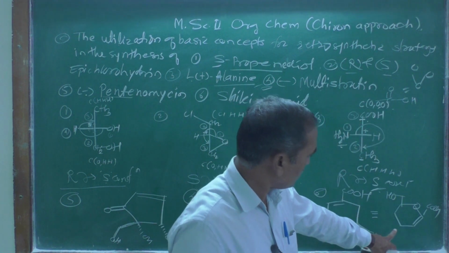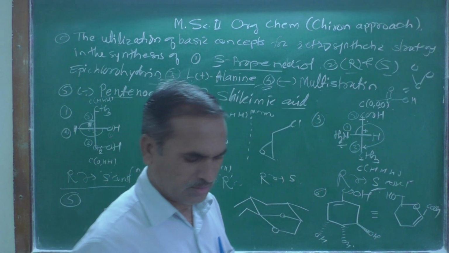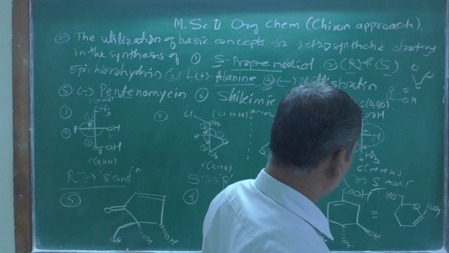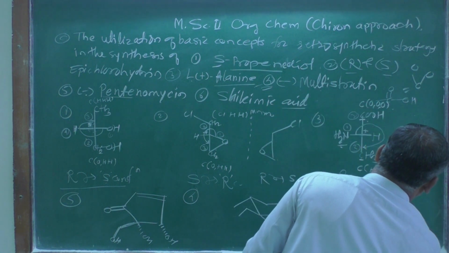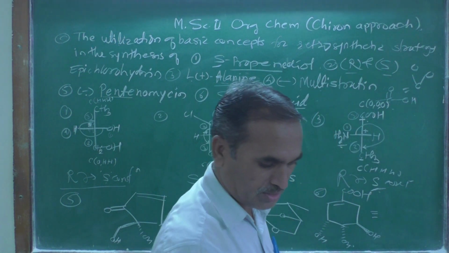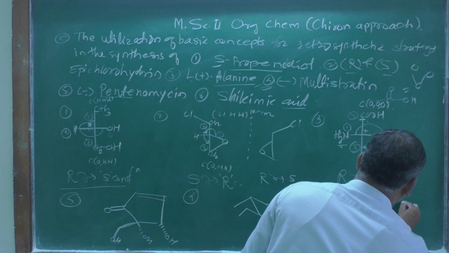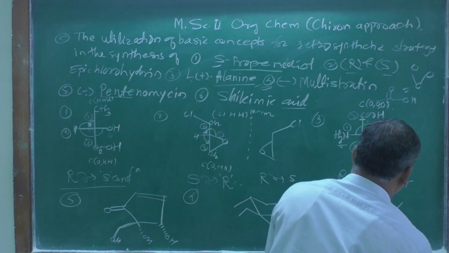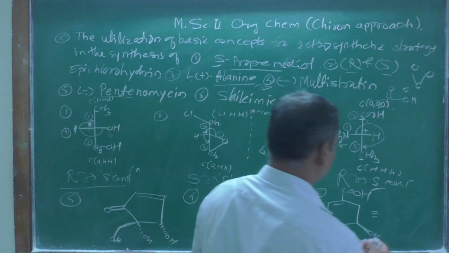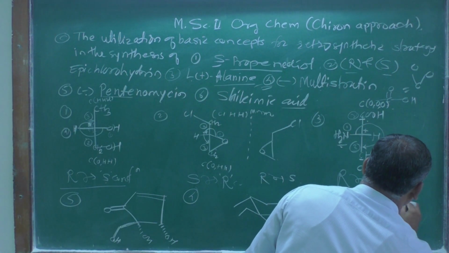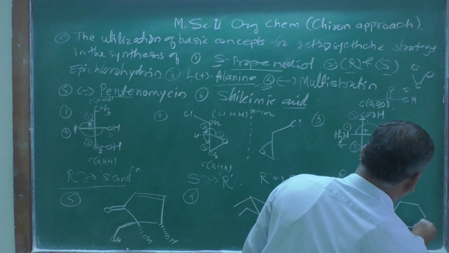I think we are missing something. Let us draw this one properly. The structure of this one is not right, because in the ring there is no oxygen atom here. Let me change it.